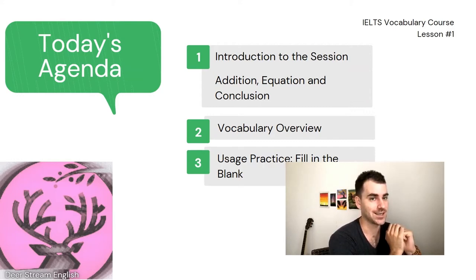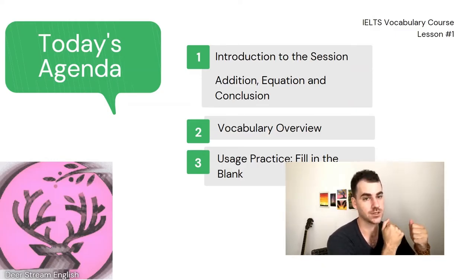Equation is like this is equal to that, equal. So we're going to be learning words like equally or in the same way, phrases like this. And words of conclusion. So this is like therefore, to sum up, thus. We're going to be learning words like that.